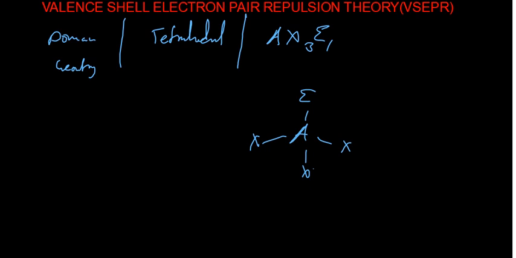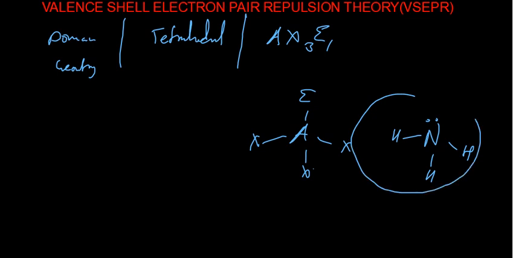Let's talk of ammonia. Ammonia has a lone pair, and then it has H, H, and H. For the domain geometry, we also consider the lone pairs of electrons, so the domain geometry is going to be tetrahedral.